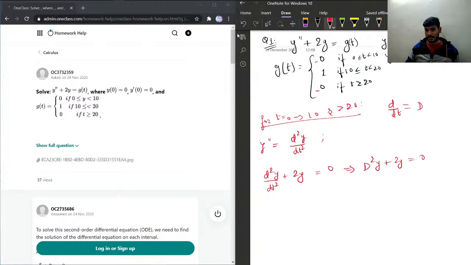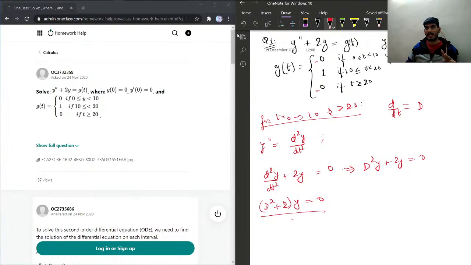and then I'll take y common, so D square plus 2 times y equal to 0. Now in this ordinary differential equation we have two kinds of solution. One is the particular integral and the other one is the complementary function, CF. I cannot remember the full form.